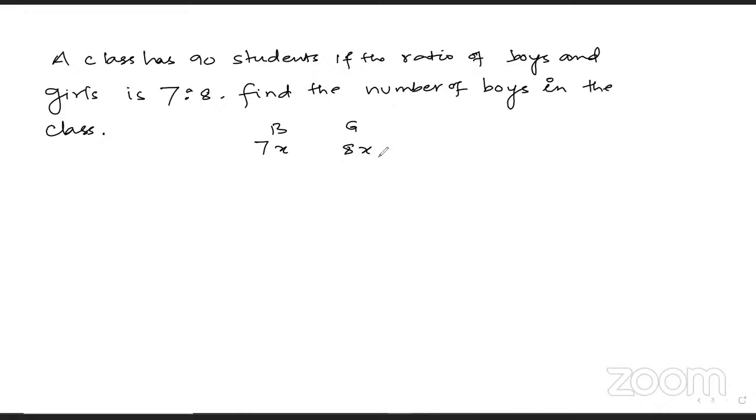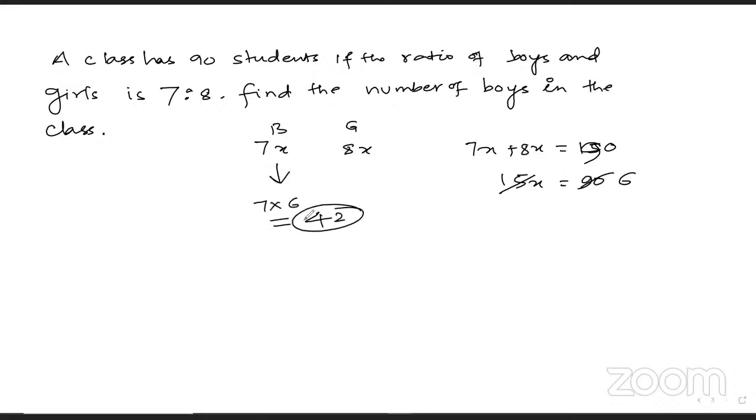The sum, 7x plus 8x, is equal to 90. So 15x is equal to 90. The value of x is 6. You have to find the boys. So 7 into 6, and that is 42. Is it clear?